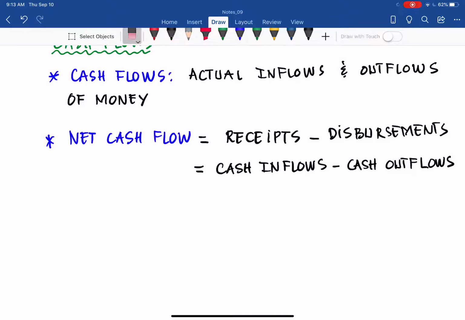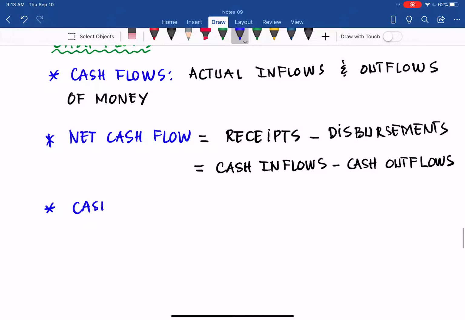And like in engineering mechanics, mechanics of materials, and your design classes, you need to draw a diagram to visualize the work, identify unknowns, identify knowns, etc. So in this class, we also draw something called a cash flow diagram. What is that?